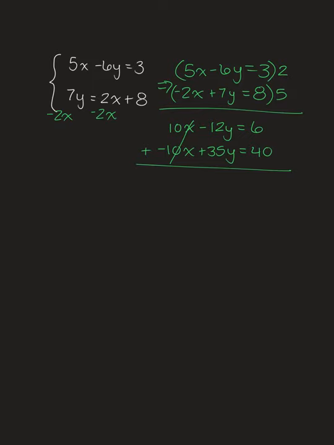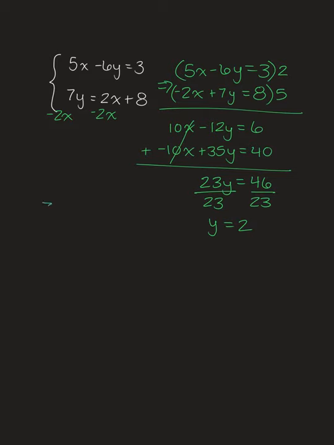Negative 12y plus 35y is 23y is equal to 46. Divide by 23, and y equals 2. I can plug that value into either one of the original equations.